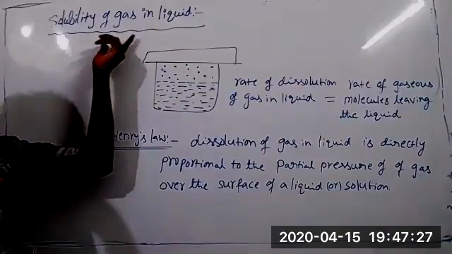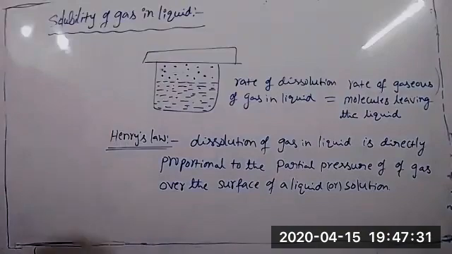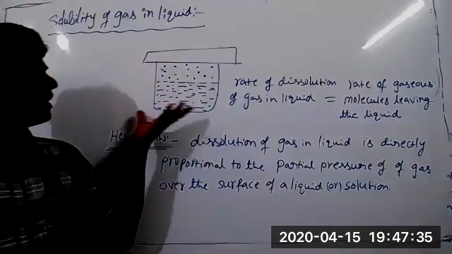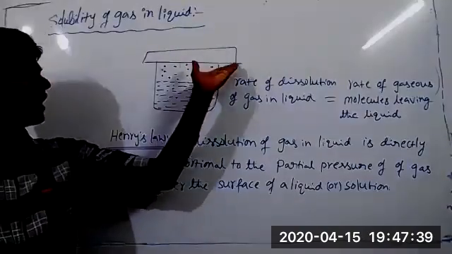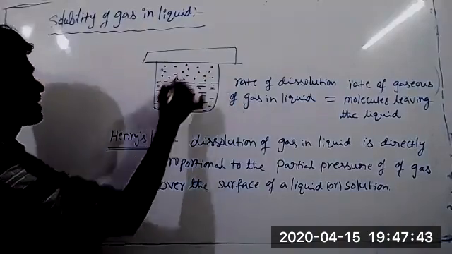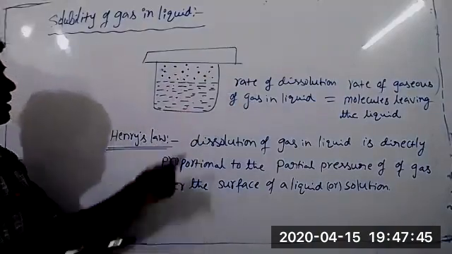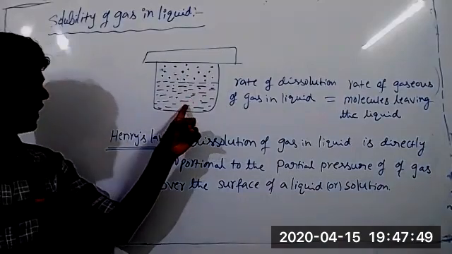Okay, listen, solubility of gas in liquid. See, I'm taking some water in a container. It's closed with a lid, and some gas is there over the surface of the liquid. This gaseous molecule first dissolves in liquid.